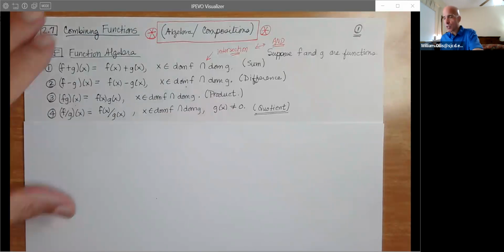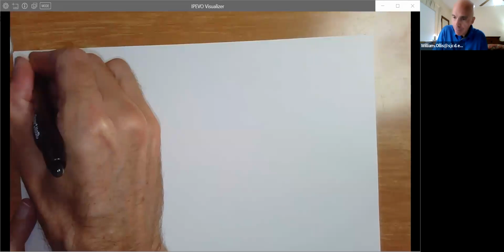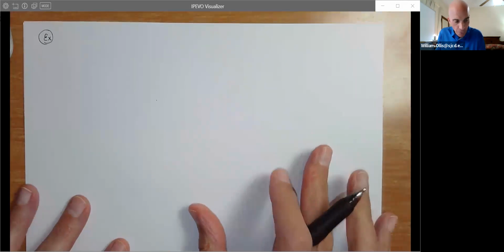Now, what I want to do is an example that has to do with a difference. For instance, let's apply that. So now we have the following example.